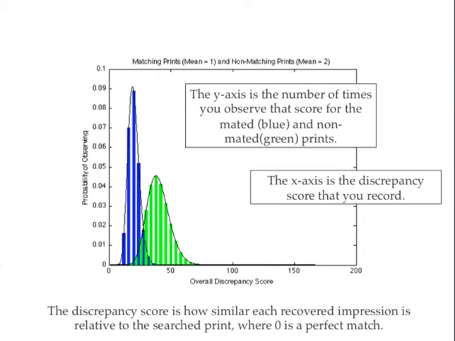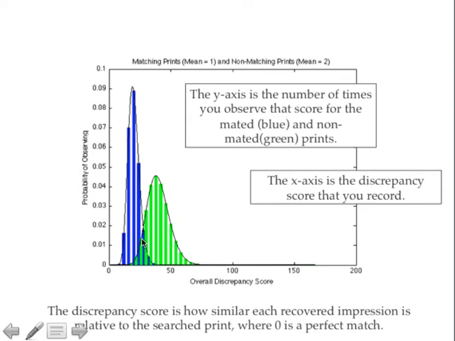And here you can see that the blue points come from the mated distribution, or the mated prints, and according to this matcher, they're going to have scores that are lower than the non-mated impressions. And this sort of makes sense because, of course, the mated pairs make the same impression, or at least a similar impression. So what this is telling us is the degree of overlap between the two.